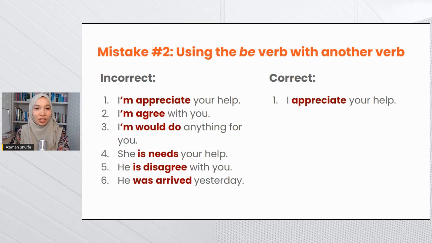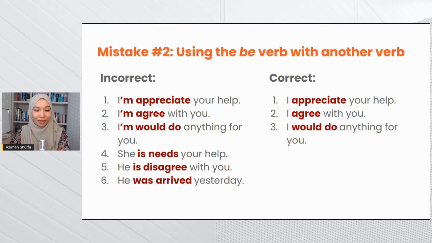I appreciate your help. That means you have to remove the be verb, leave the other verb there. I appreciate your help. I agree with you, number 2. I would do anything for you. Would is a verb. It's a modal verb.